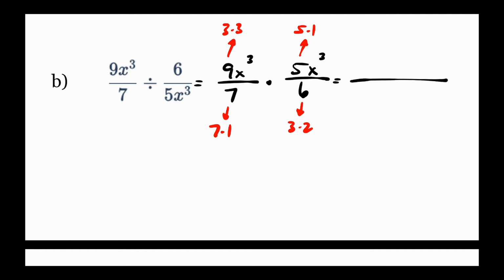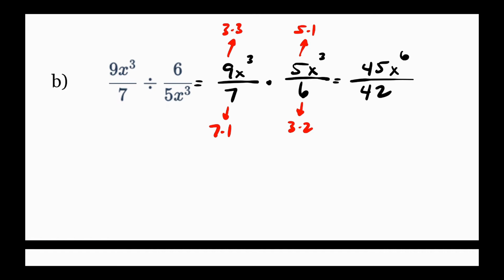Multiply straight across. 9 times 5 is 45. I have 6 total x's if I put them all together straight across. The bottom is 42. 7 times 6 is 42.